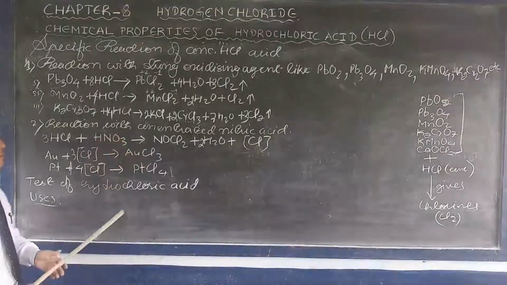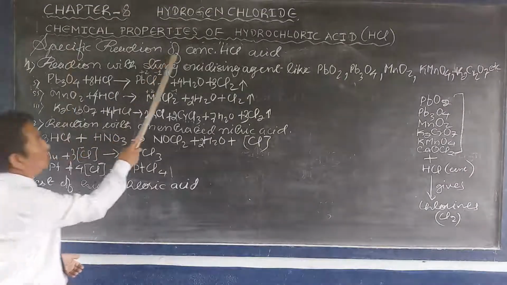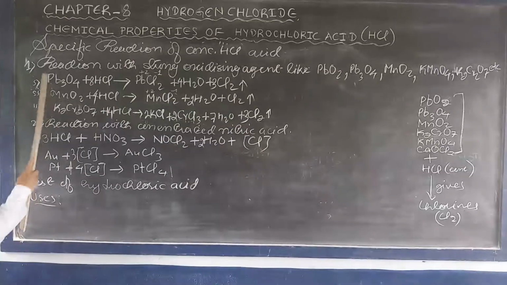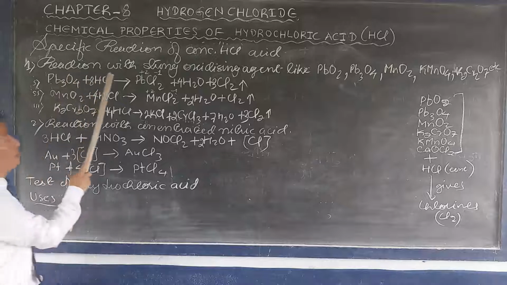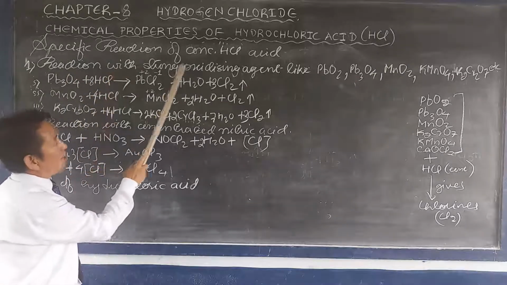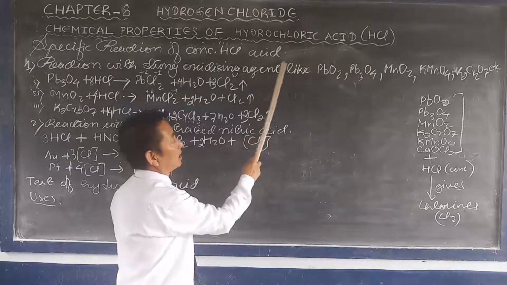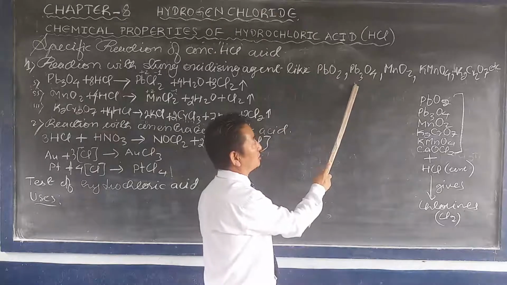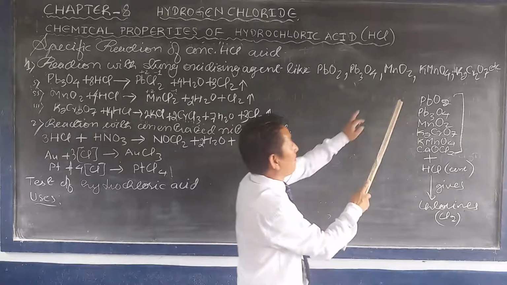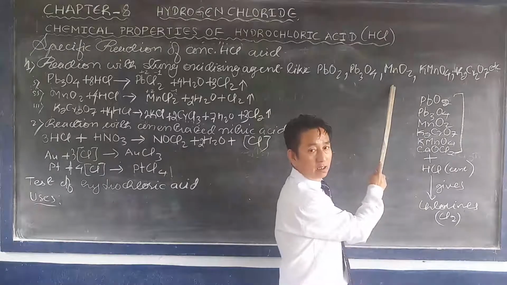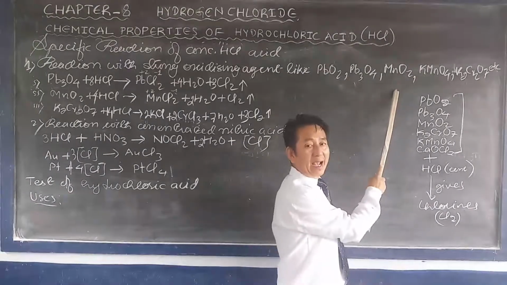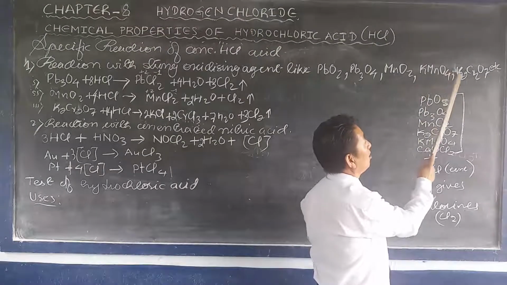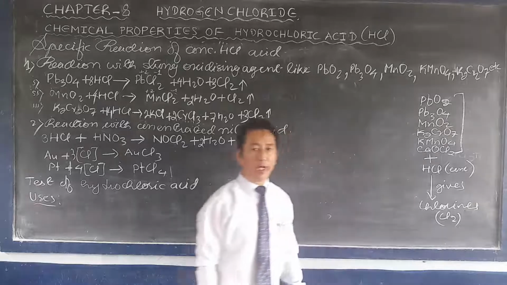Now we have specific reactions of concentrated hydrochloric acid. Here, the reaction of concentrated hydrochloric acid with strong oxidizing agents like lead dioxide, trilead tetroxide or red lead, manganese dioxide or manganese peroxide, potassium permanganate, or potassium dichromate.